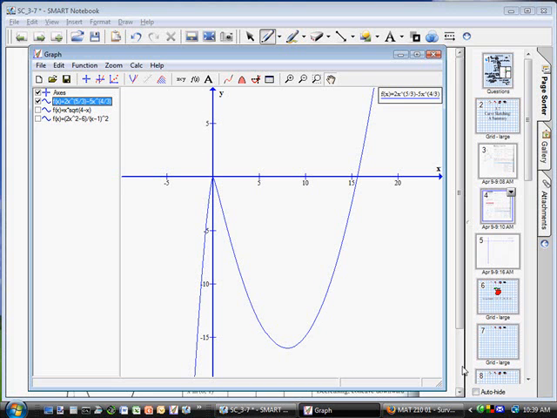By the way, this almost looks like the top of a bump, doesn't it? But if you look at it closely, it's actually a point. So there's kind of a weird thing going on right here. Did you guys get a graph that looks something like that? You didn't have any problems?